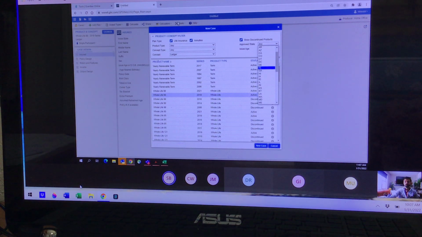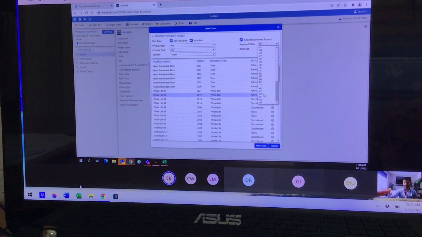So we do have some older series products in here. You know, as for Whole Life 99, we have the 2016, well, actually 2014, actually all the way out, 2006 to 2021. That's in the event we're looking to just do recreations of illustrations, but those can't be sold.